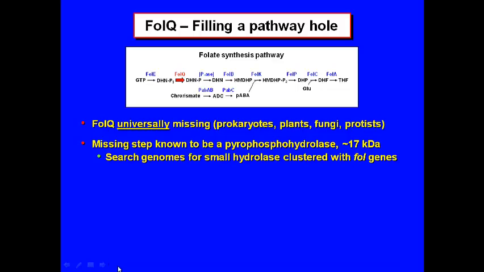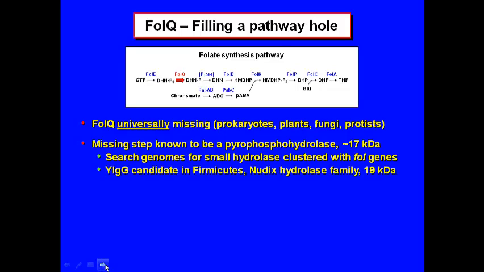Those are the steps in the argument. Well, one candidate jumps out right away. It's in firmicutes, particularly in Lactococcus, but in others too. It's called YLGG, the systematic gene name in Lactococcus.